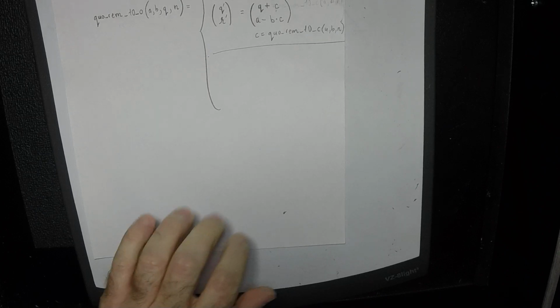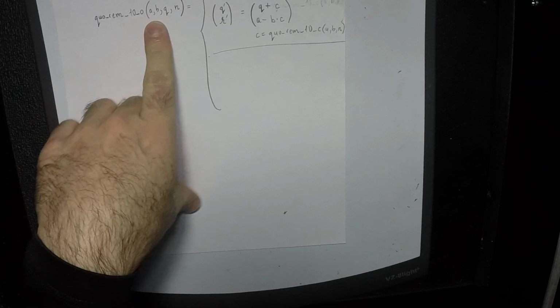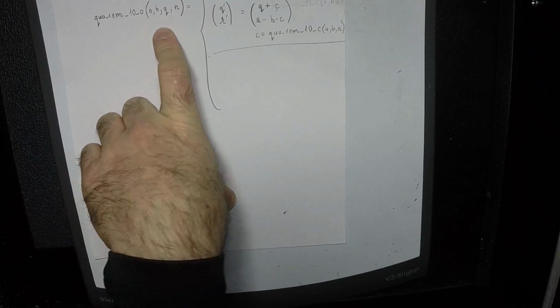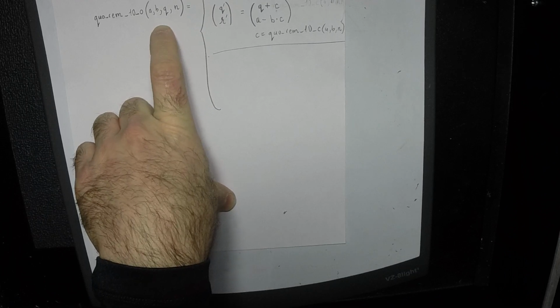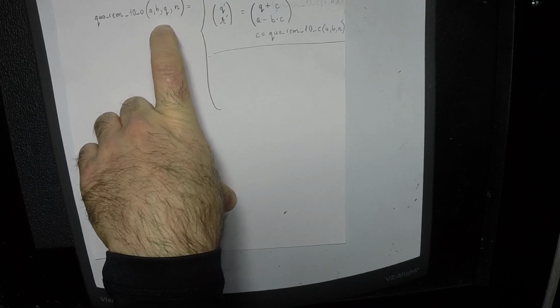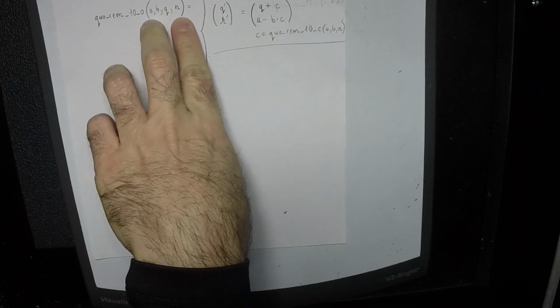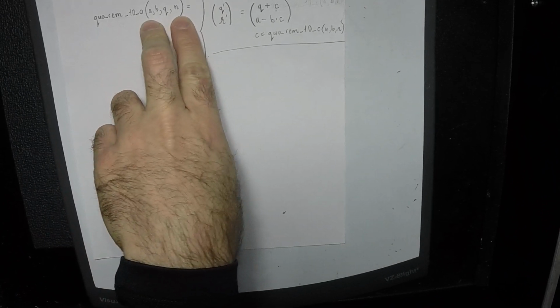So if n isn't 0, that means there is more work to do. All right. So what do we need to do? We've got to recurse. And we've got to recurse to what arguments? We need four different arguments.